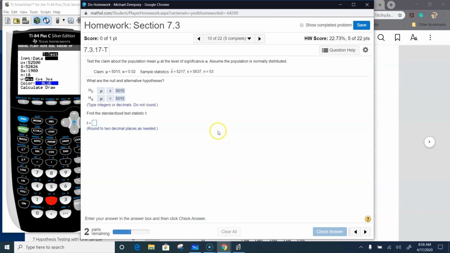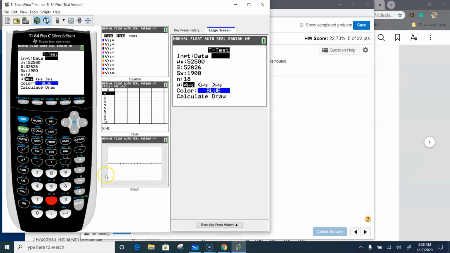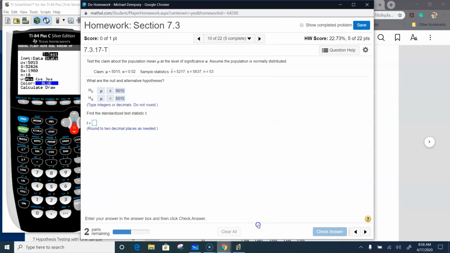So we want to find that test statistic. Our claimed mean is 5015. So that's our null hypothesis. Our sample statistic. We take a look and they tell us that x bar was 5217.